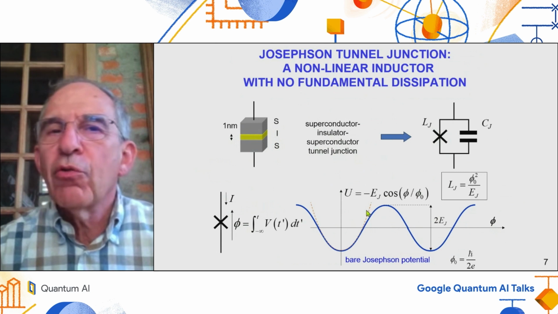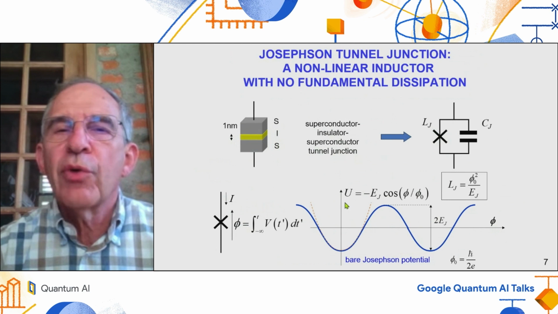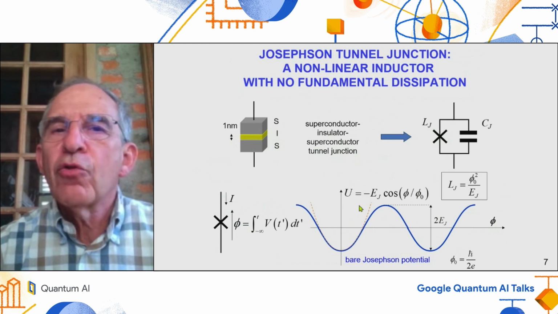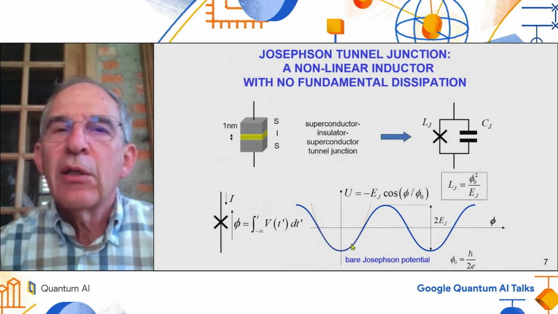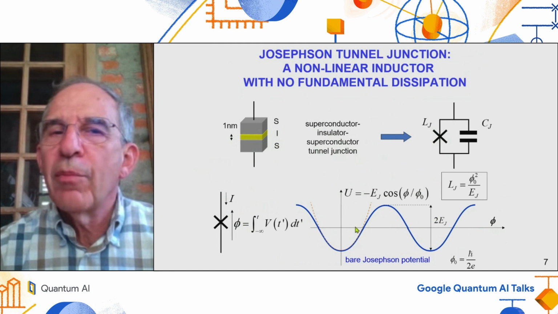Instead of this flux-current relationship, you can think also of this element as providing a potential, and because the potential is sinusoidal, it deviates comfortably from the parabola.